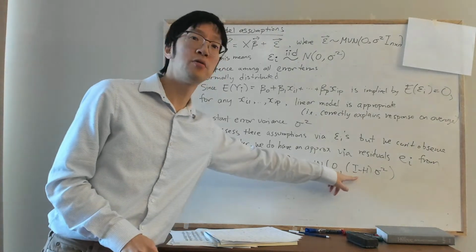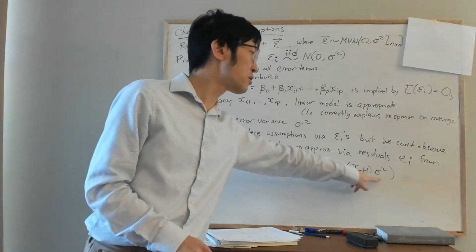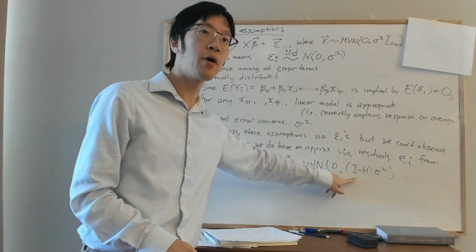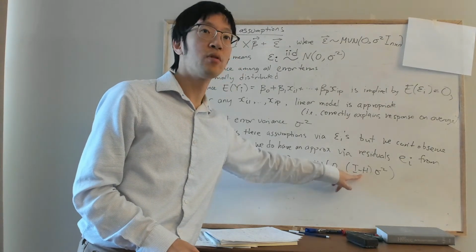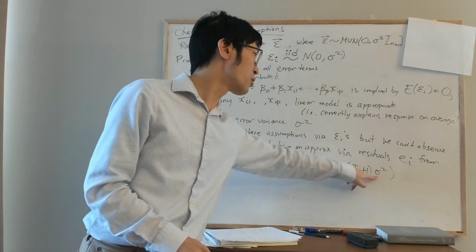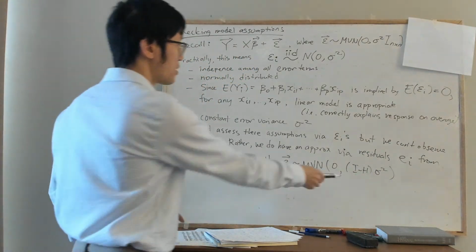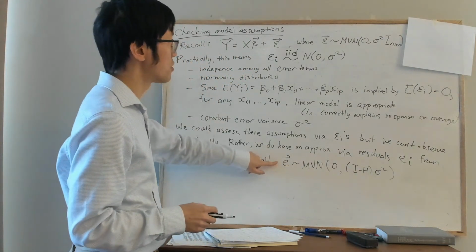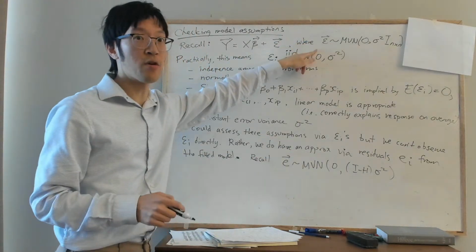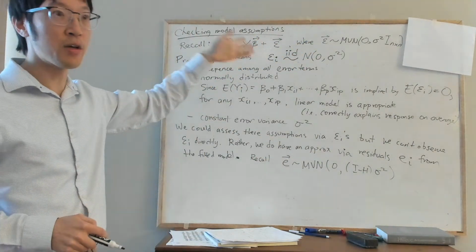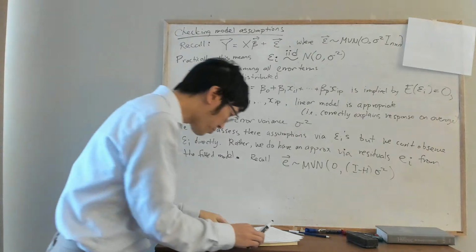And the covariance matrix is slightly different. You do have the identity times sigma squared, but we have to subtract off the hat matrix from it. So this is not quite equal to the identity. The distribution of the residuals is a little bit different from the distribution of the underlying unobserved error terms.